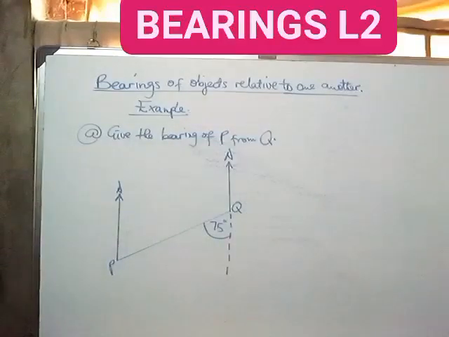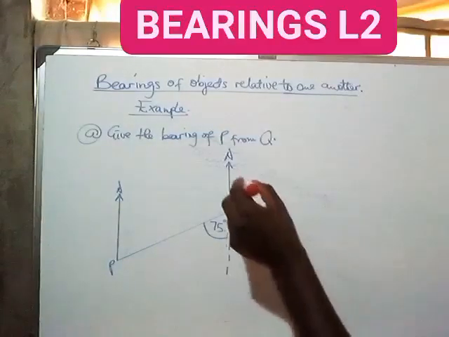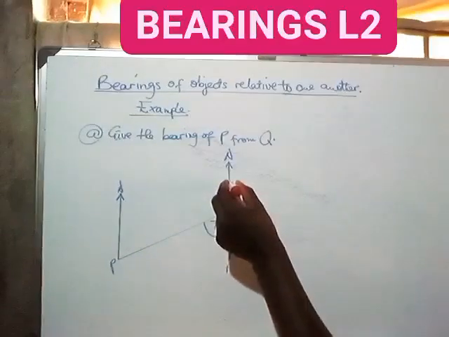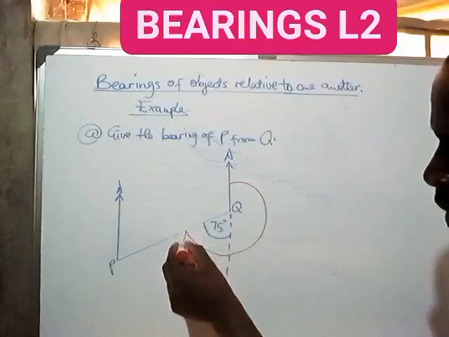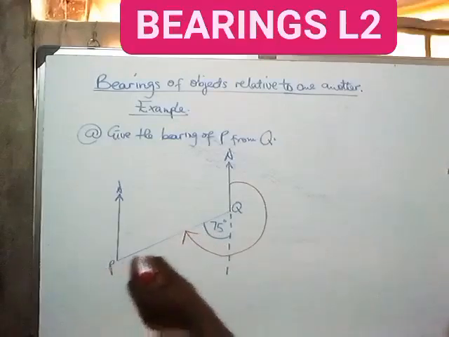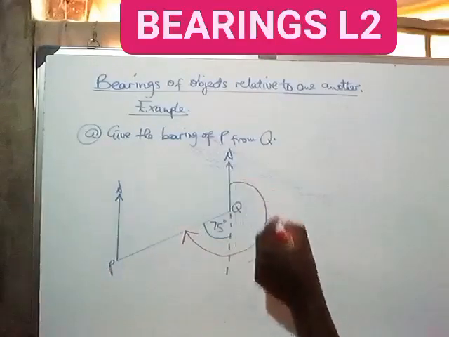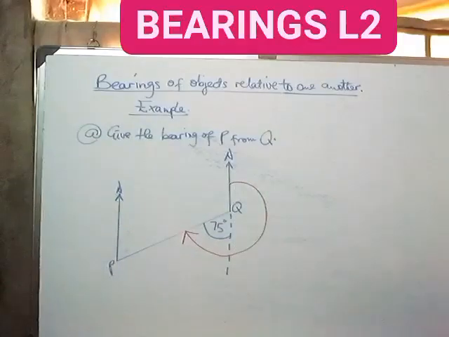After we draw the north, we move in a clockwise direction until we meet line PQ. So this is line PQ. This is the direction we have moved to meet line PQ. What is next?